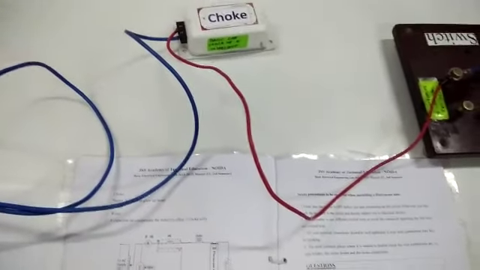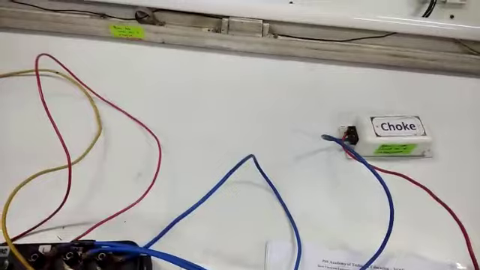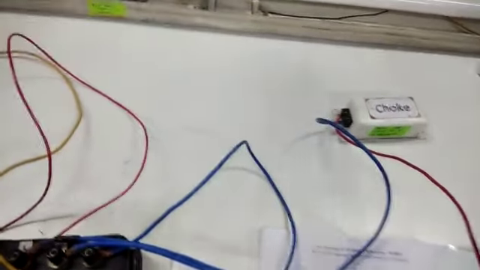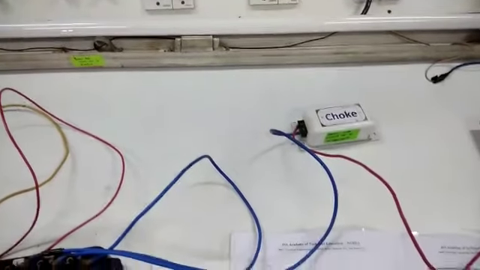Here I am going to tell you about the purpose of this coil. The purpose of this coil is to increase initial voltage applied across the fluorescent tube, and purpose of that starter is to increase the value of initial current by exciting the mercury vapor which is filled within the fluorescent tube.